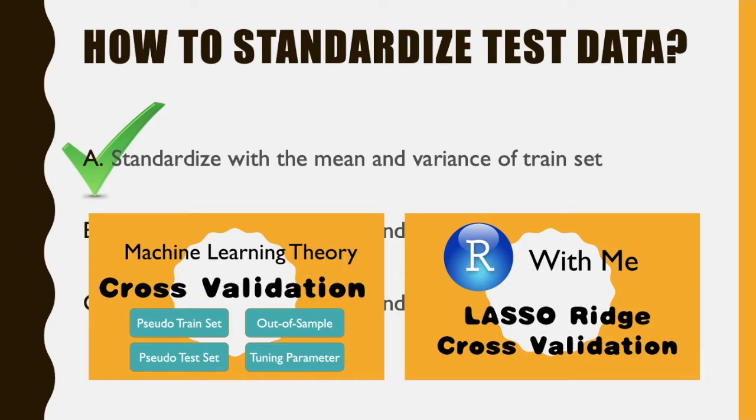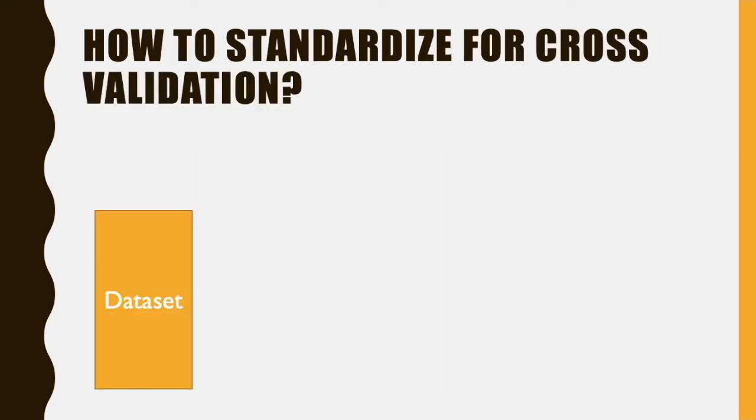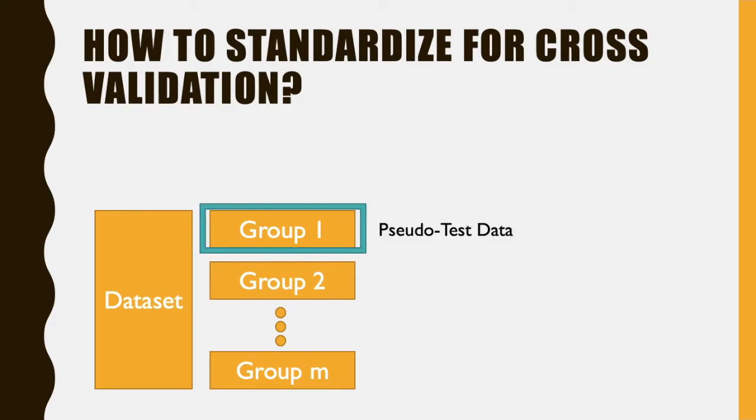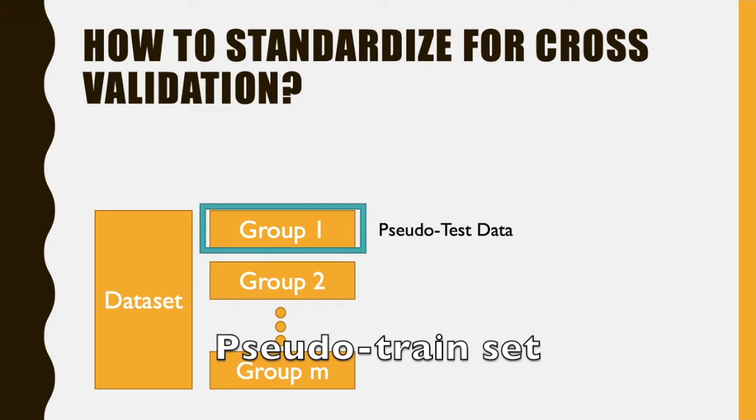Basically, for cross-validation, we divide a dataset into a few folds. In this case, let's say we divide our data into m folds. Each time, we use one of the folds as the test data. In order to differentiate between a normal test data and the test data in the context of cross-validation, let's call it pseudo-test data. And the rest of the folds, which are not pseudo-test data, we call them pseudo-train set.